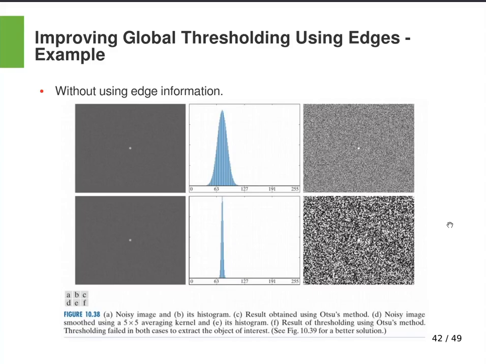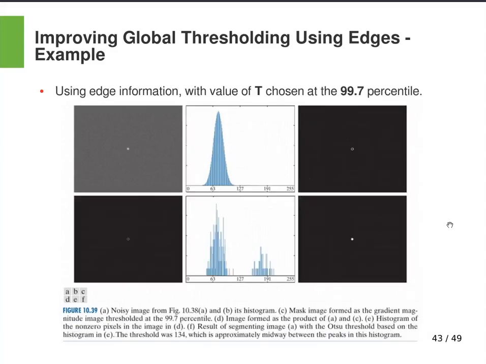So now is the time that we can improve this thresholding by using edge information. Here we have the noisy image again, and we have its histogram. Image C is going to be the mask image that is formed as the gradient magnitude image, thresholded at 99.7 percentile.